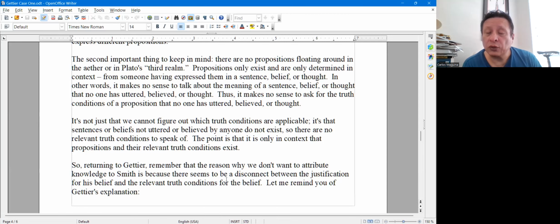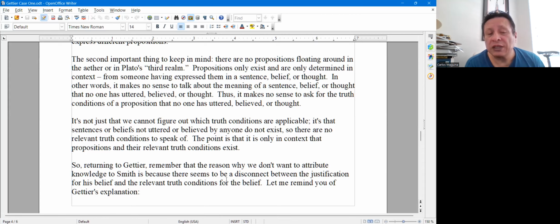What would make that declarative sentence true? If we know that, then we know the meaning, because the meaning is given in the truth conditions that we say are relevant to that utterance or sentence, right?